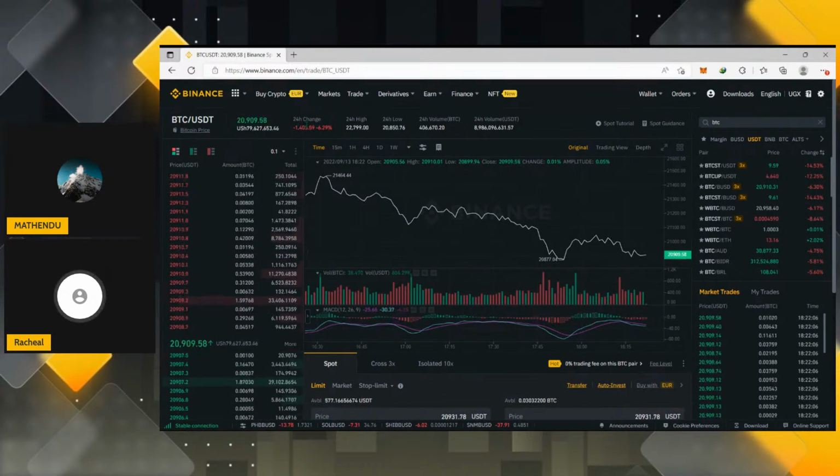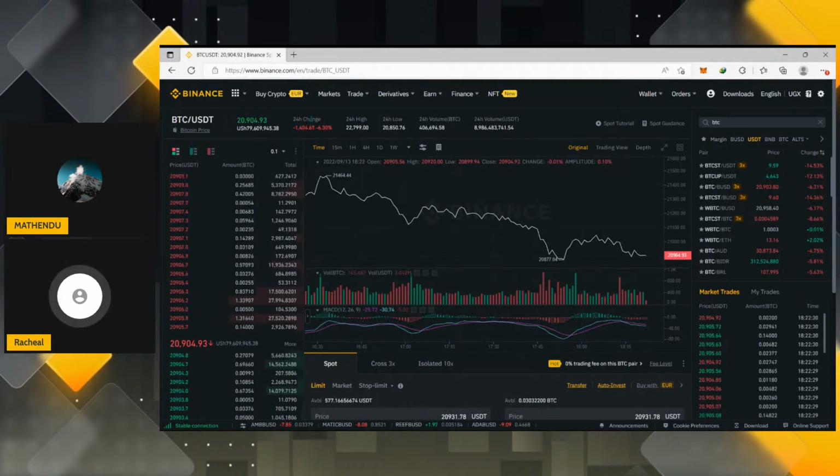And then we have the 24-hour change. It shows in the USDT value, because I selected the BTC USDT pair. So it shows me the 24-hour change in USD value and in percentage. In percentage, it's minus 6.3%.